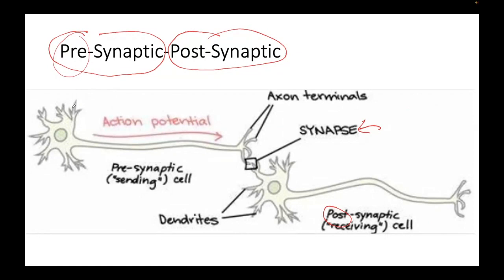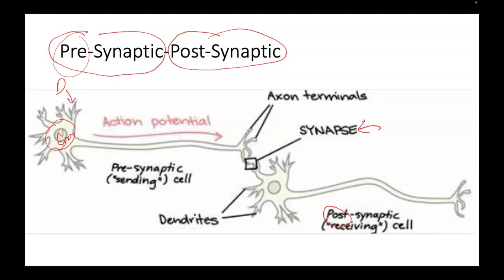So here are the dendrites. We'll just put D for dendrites. Here's the nucleus. We'll put the soma here, or the cell body. And now this is the axon. So this is presynaptic. This is going to send the signal and relay it.